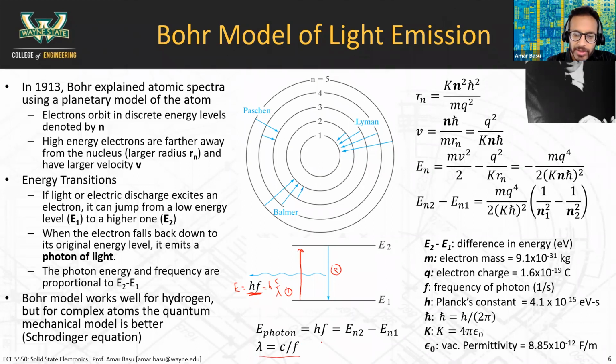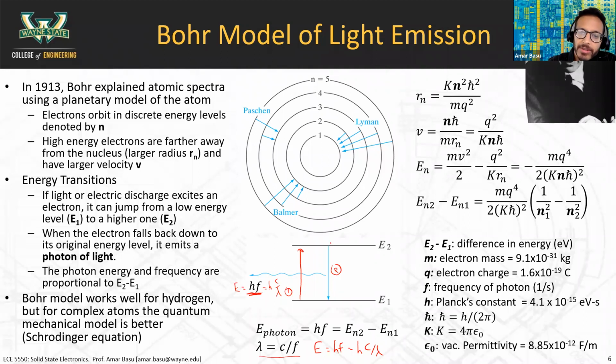So you have two relationships. E is equal to hf. And then through the dispersion relationship, you can find that f is equal to c over lambda. So the energy of the light is equal to hc over lambda.